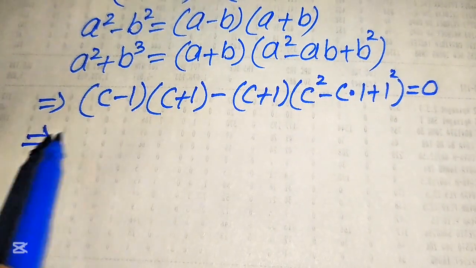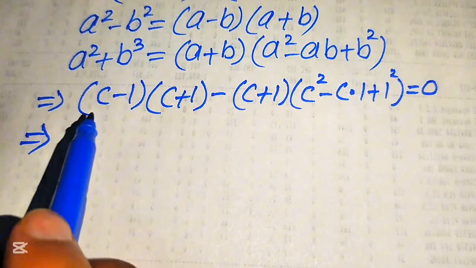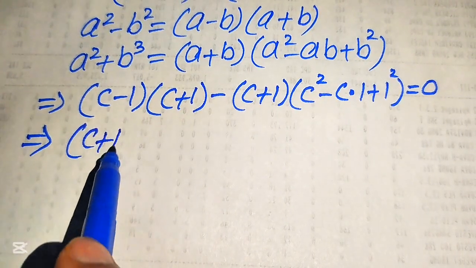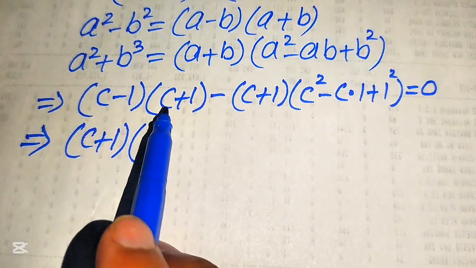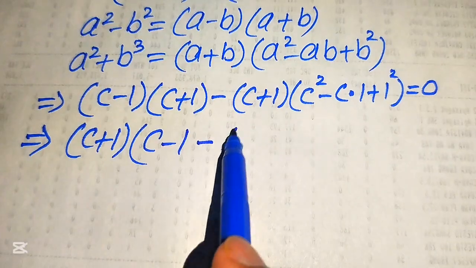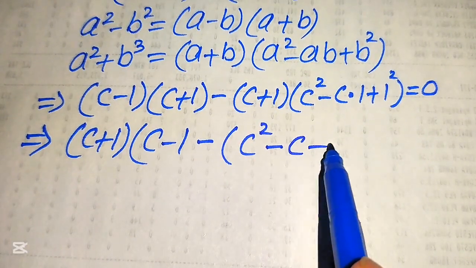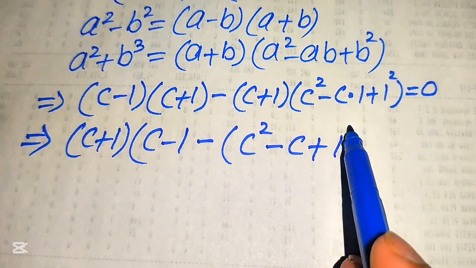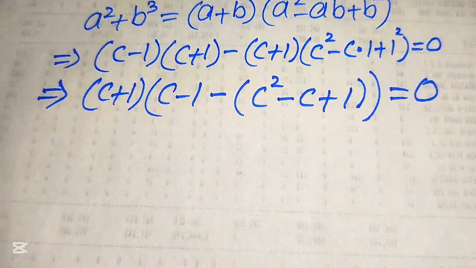And now you see here, in both of these terms we have c plus 1 as a common factor. So we take common c plus 1 and we get the remaining values. So from here, when we take common c plus 1, we get here c minus 1, and here we get minus times of this term. This is c square minus c plus 1 square equals to 1, and this whole equation equals to 0.